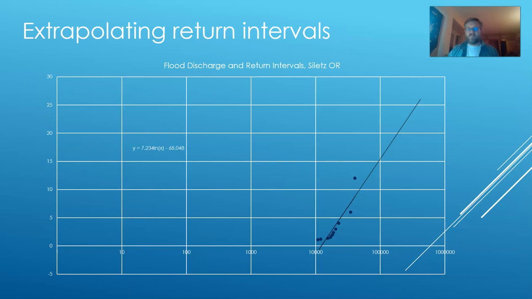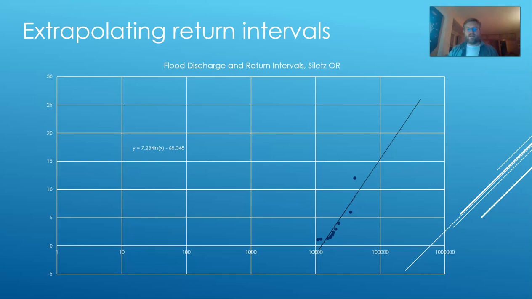Here I've put those numbers on a graph. On the vertical axis, the y-axis, are the return intervals, so that's the X-year flood information. And then on the horizontal axis, the x-axis, you've got the discharge amounts.